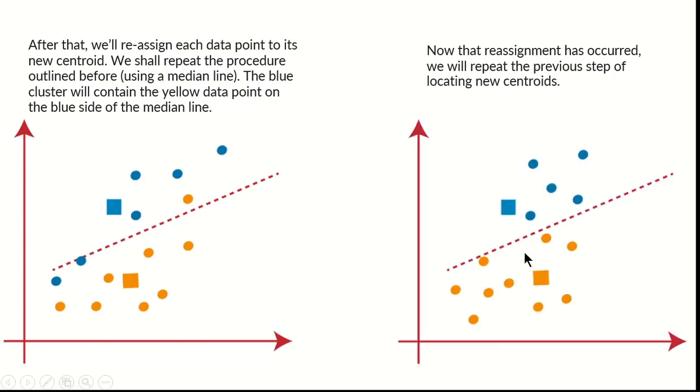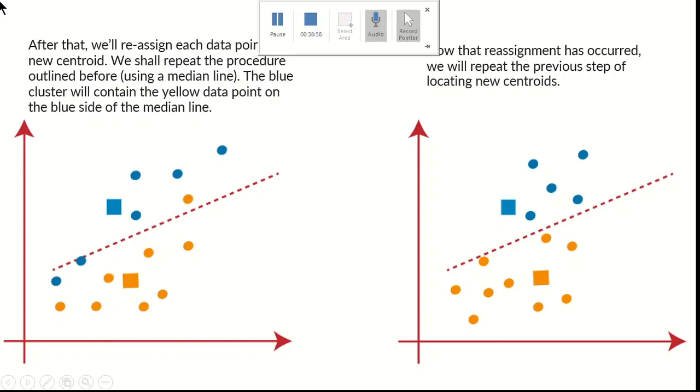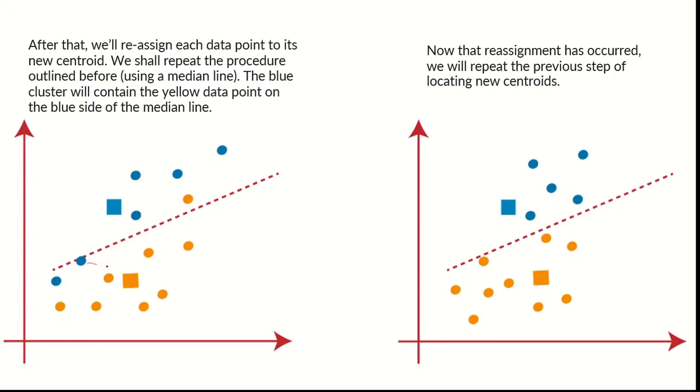So what happens is, these two data points, based on the checking, after assigning the new centroid, we compare the distance. This point to this centroid and this point to this centroid. If it is smaller, we make this point part of the yellow cluster.